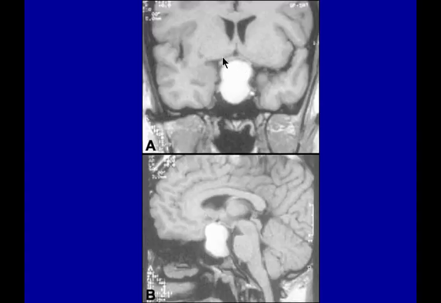You can see the optic chiasm stretched over it. And you can see that the carotids are kind of invaded by the cavernous sinus. Remember, there's nothing there but dura separating the tumor from the cavernous sinus.